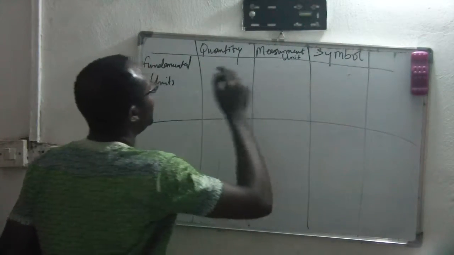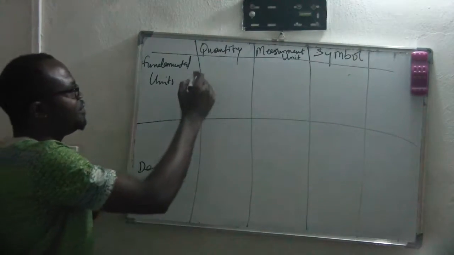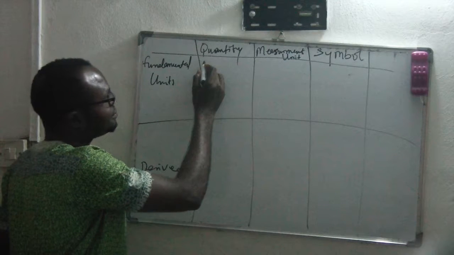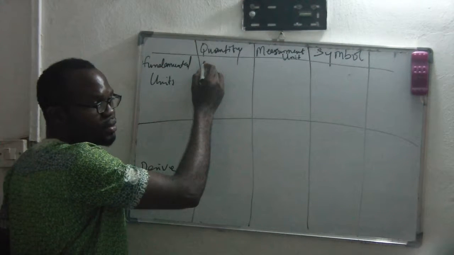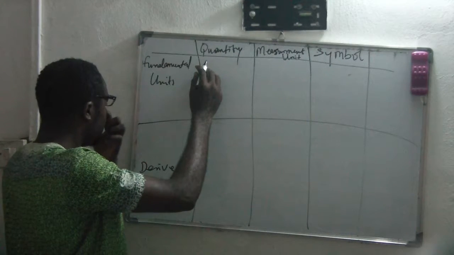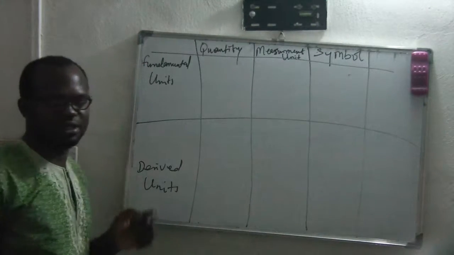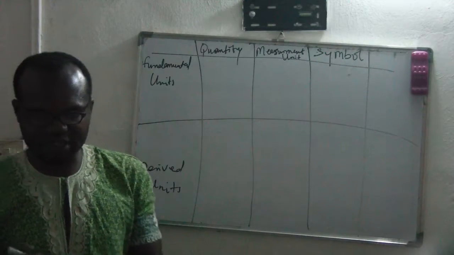So earlier we learned about the fundamental quantities. What are the fundamental quantities? Give me an example of the fundamental quantities. The quantity, not the unit. Take your notes and see the different kinds of quantities.